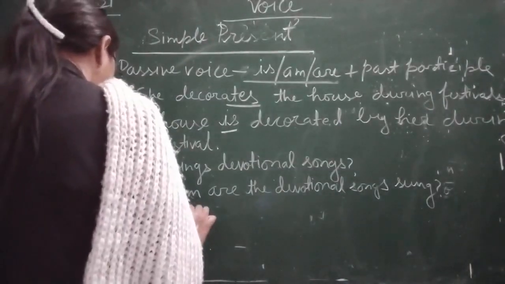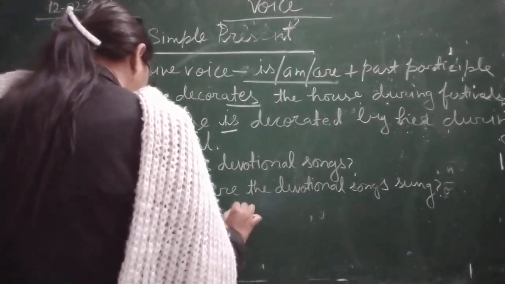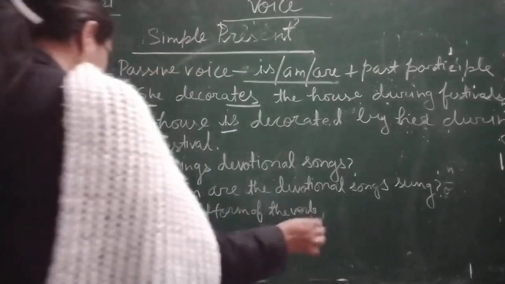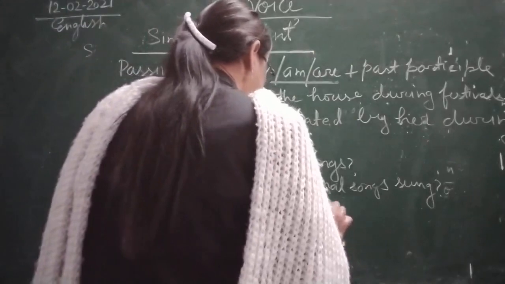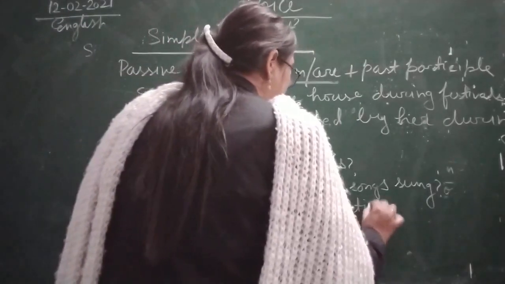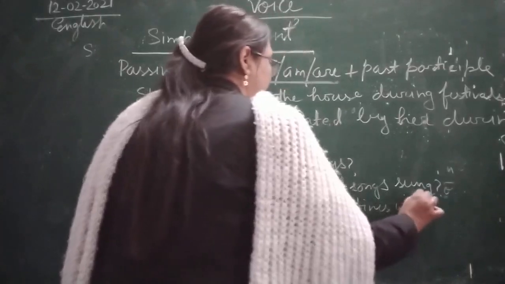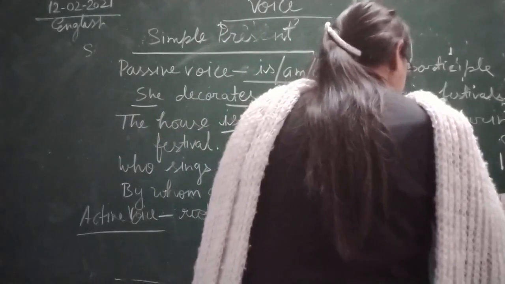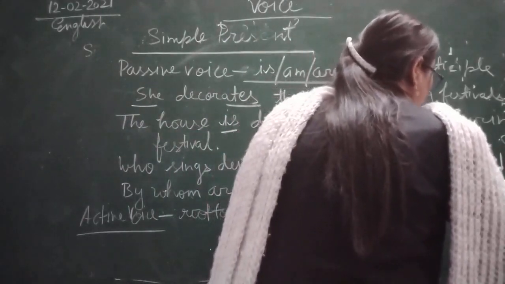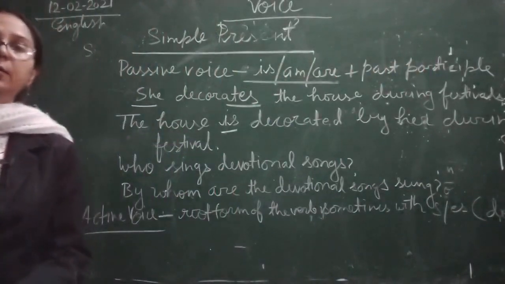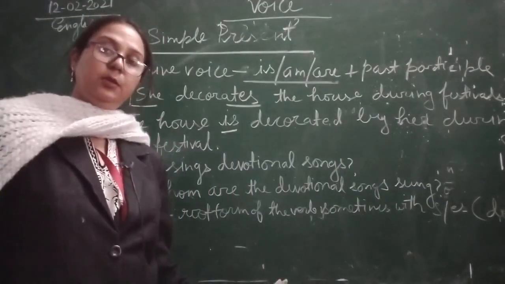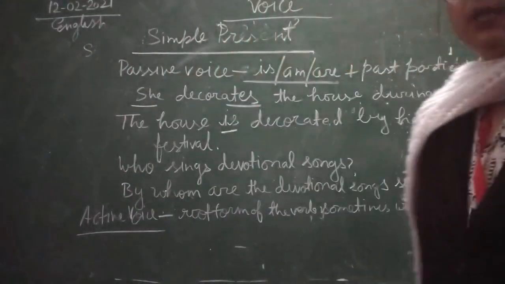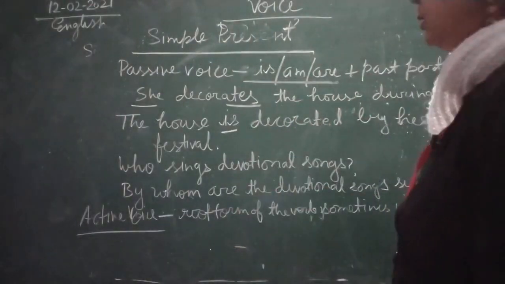So the root form of the verb will be there, and after that sometimes with s and es. Does or do will be followed. So this is the rule of making active voice. So children, I think simple present tense is clear to you. It is as simple as what we are doing in the tenses.